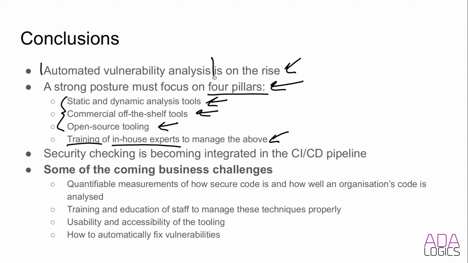Finally, another conclusion is that you will see security checking being much more integrated into your software development process, such as the CI/CD pipeline. And this is also something to look out for in terms of you should start integrating these aspects so your code very rapidly is analyzed when it's pushed, before it's shipped to production.